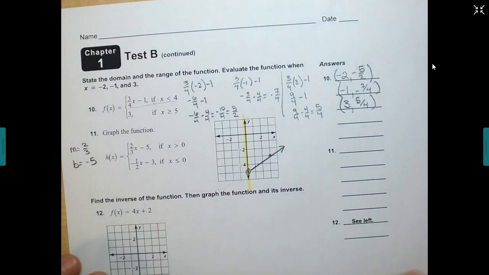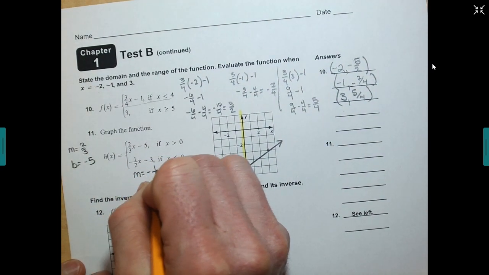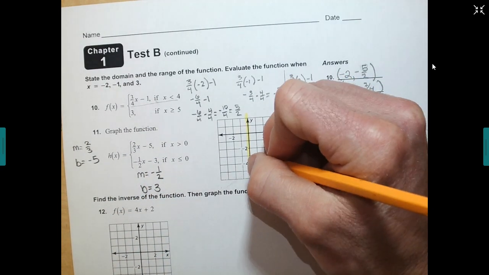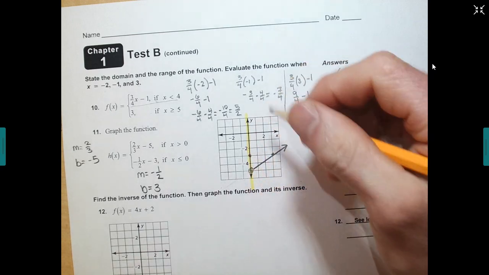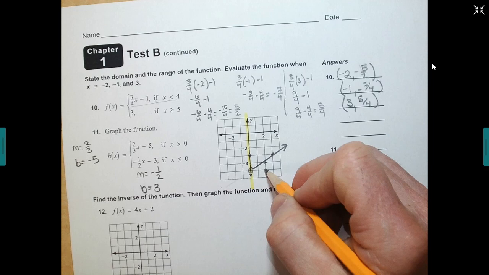And then my other one, I have a slope of -1/2, y-intercept of 3. So there's my 3, and -1/2. 1, 1, 2. 1, 1, 2.